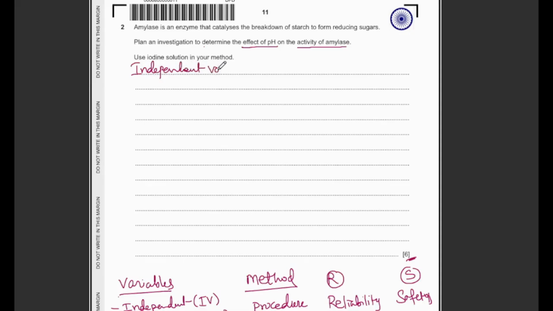Independent variable, we'll mention this part. Independent variable is pH, right?